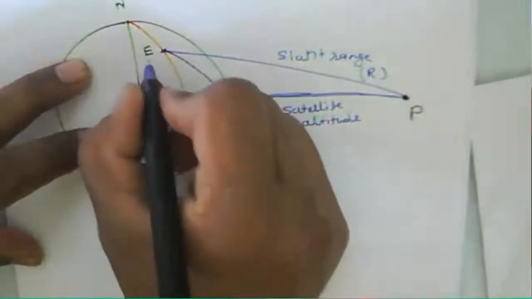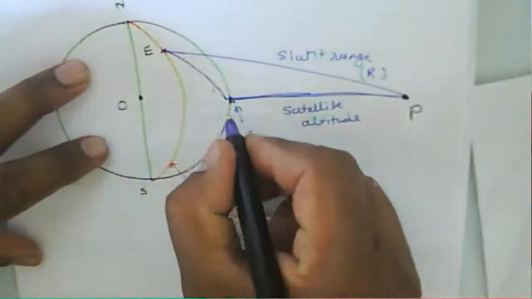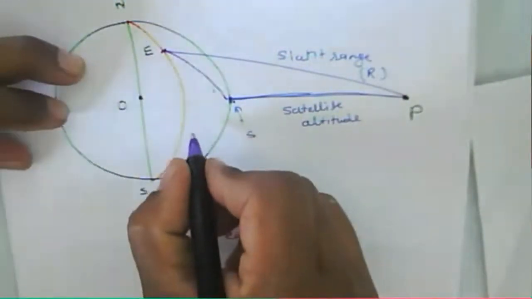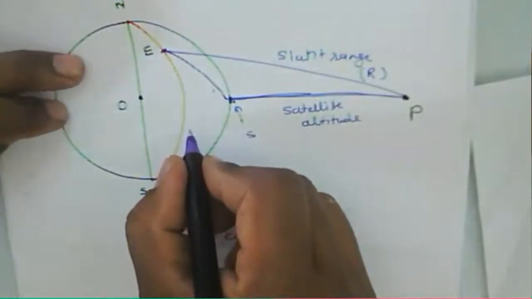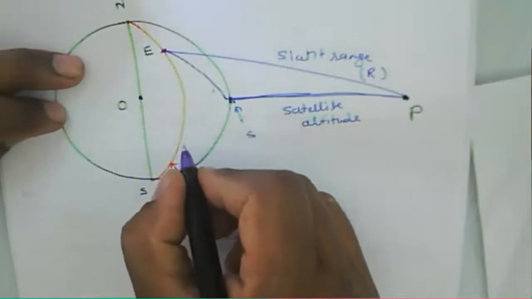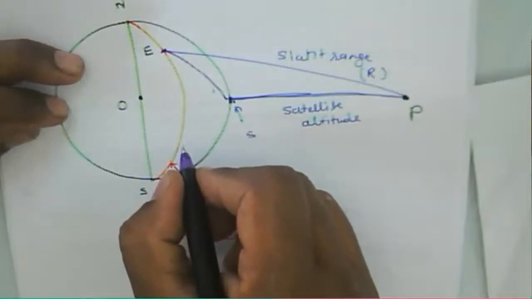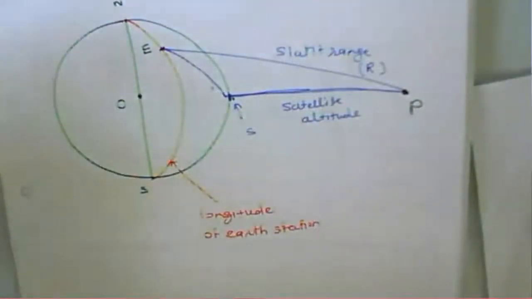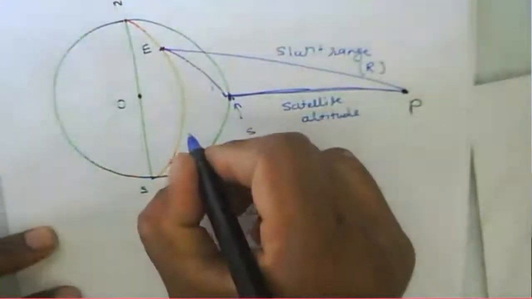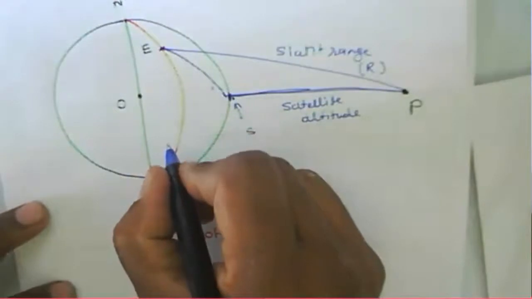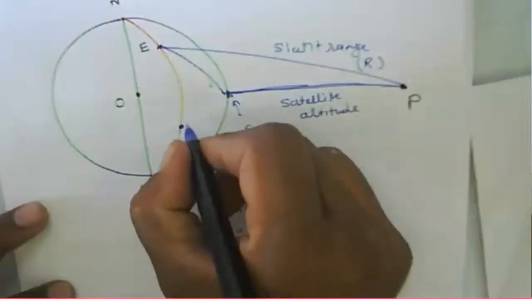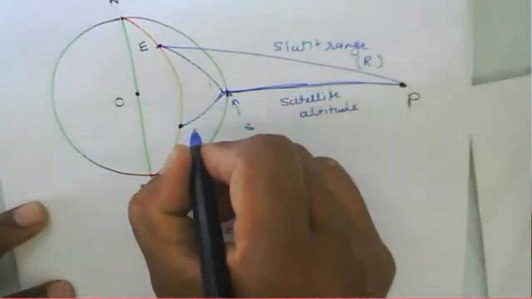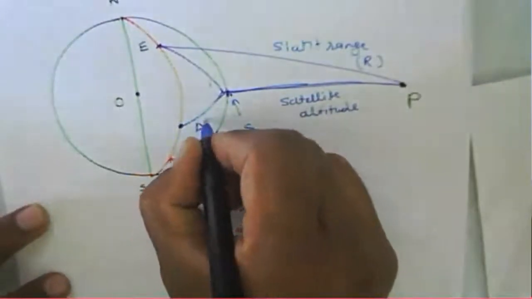And at the same time there is a small variation. Okay, there is a small variation in the longitude of the Earth station and this satellite there. Suppose I consider now the small variation in the longitude of the Earth station here. In that case, that particular variation is called delta lambda.